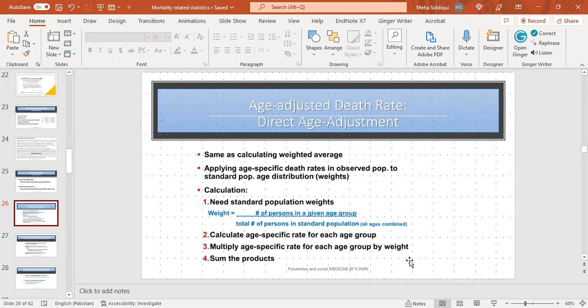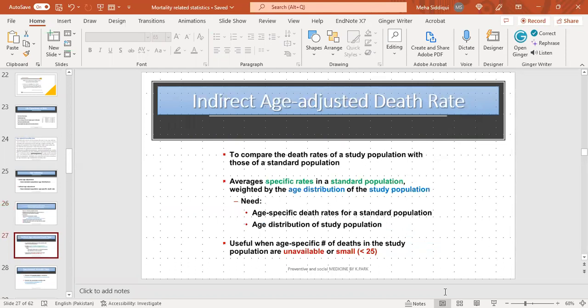The calculation needs standard population weights, in which the numerator is the number of people in a given age group over the total number of persons in the standard population, all ages combined. Then calculate the age-specific rate for each age group, multiply the age-specific rate for each age group by the weight, and then take the sum of the products.